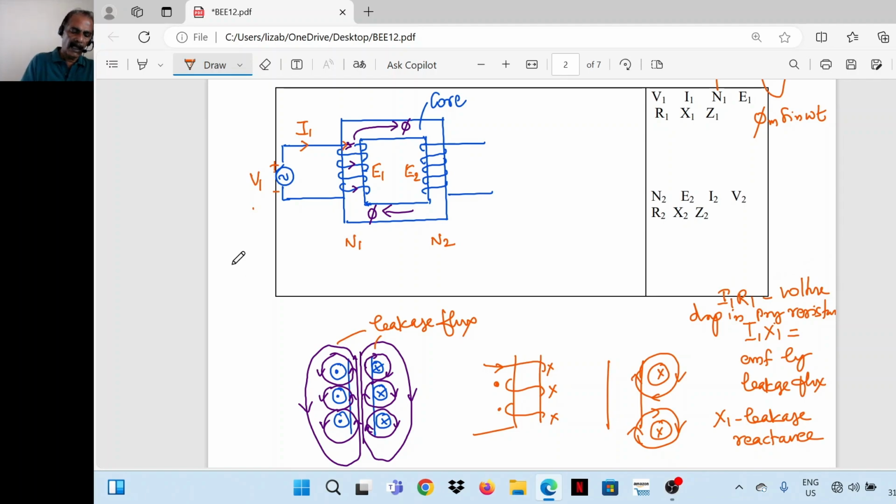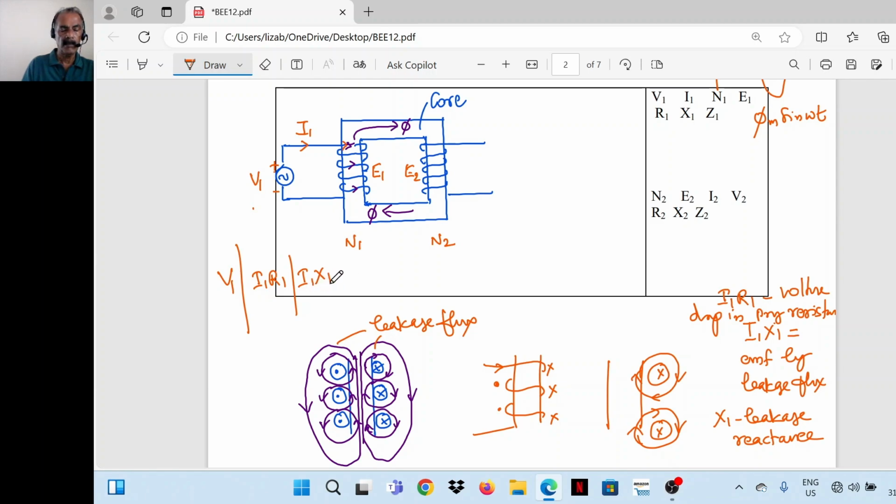So the applied voltage is V1, and in the circuit there will be a voltage drop I1 R1, this ohmic drop in the primary winding resistance. Then there is a leakage reactance drop. Leakage reactance drop is nothing but the EMF induced by the leakage flux.